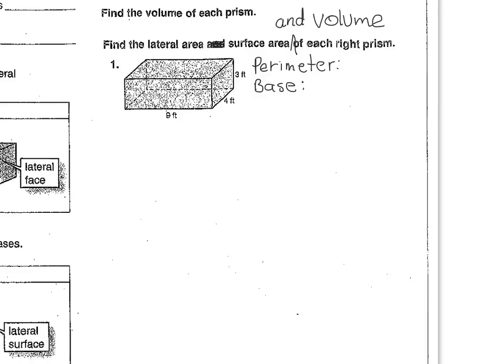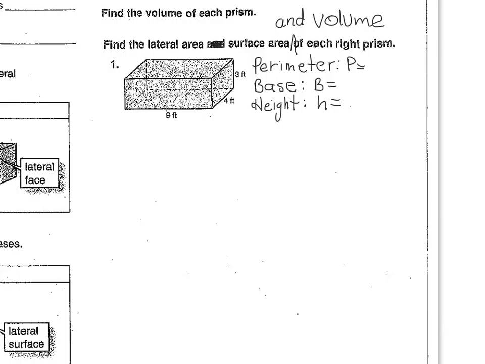B would be the area of the base, P the perimeter, and then the height, which is the height of the prism, represented by H.